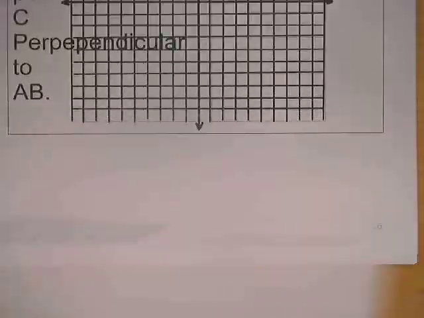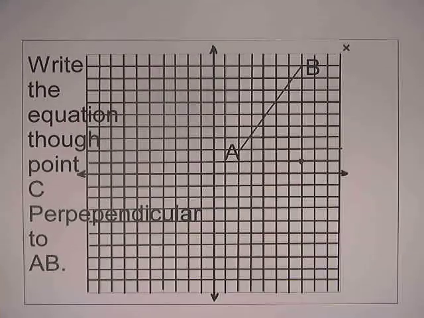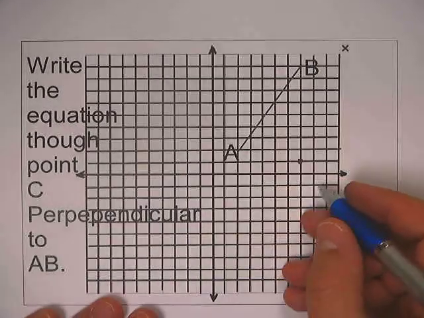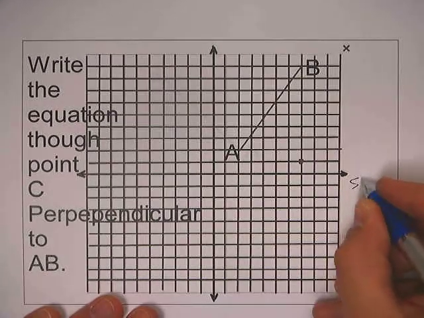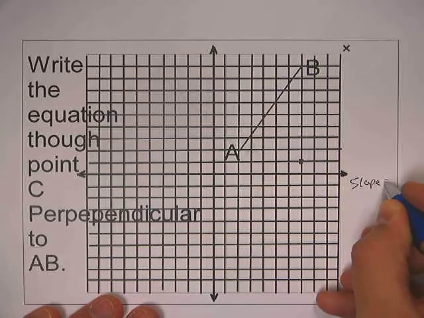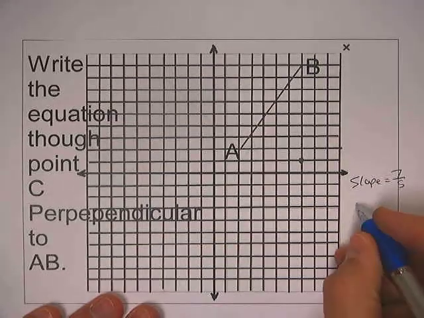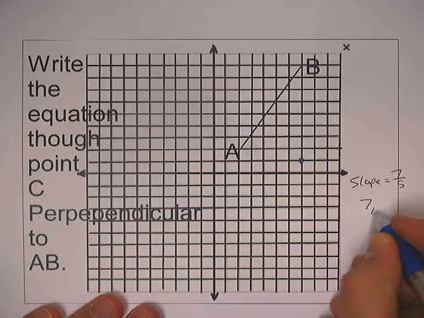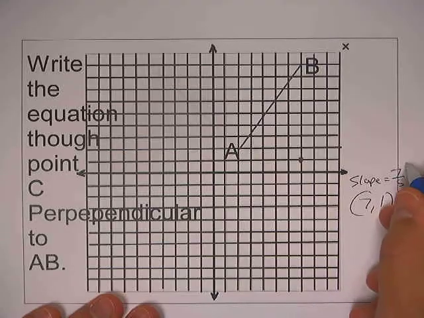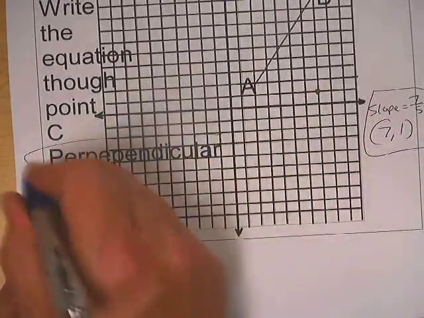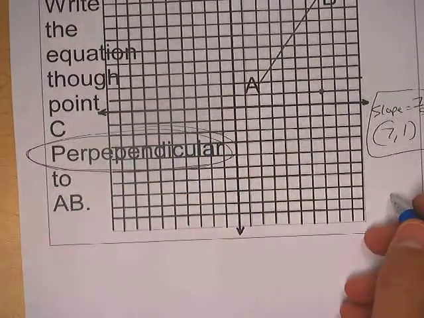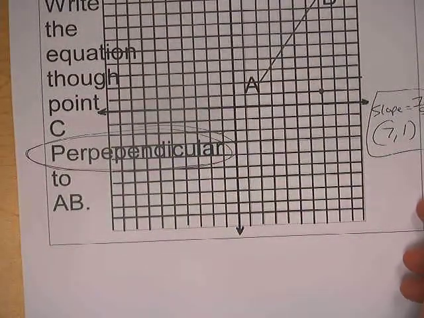Okay, now things change a little bit. Now, I've got the same point, same slope. I'm going to keep the same slope, which is 7 over 5, and the same point, which is 7, 1. Now, what I want to do is I want to make something perpendicular.